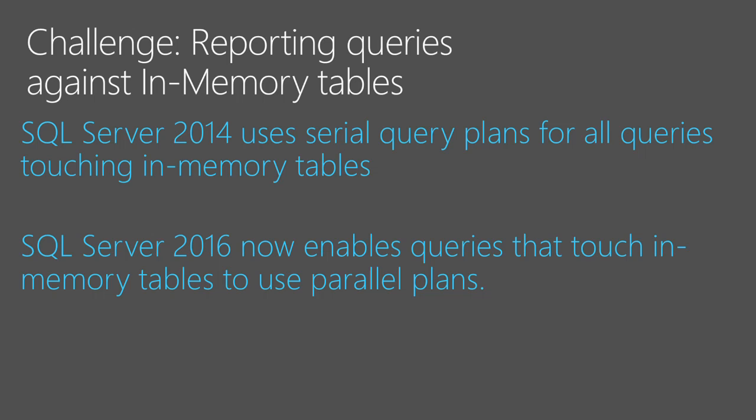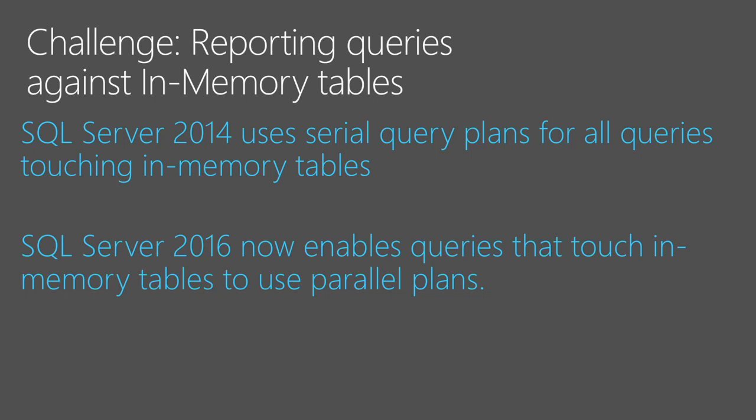Another challenge is writing queries that might have to do reporting style queries against an in-memory table. The reason that was challenging is in SQL Server 2014, queries against in-memory OLTP tables were optimized for OLTP transactions. That's typically single thread, single row lookups. The original target space, the confined targets, was that scenario.